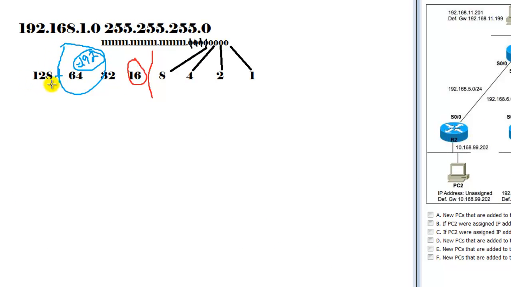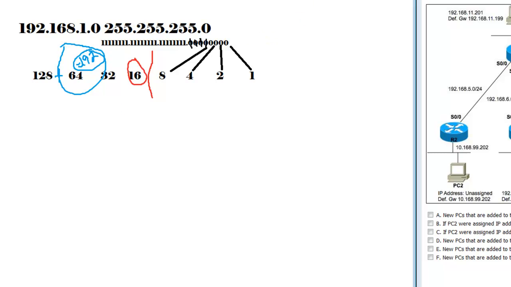You don't add here, because it's 128 plus 64 is 192 plus 32 is 224 plus 16 is 240 plus 8 is 248 and so on. You just keep adding the values. So 128 in itself is just 128. So your network goes up by 128.